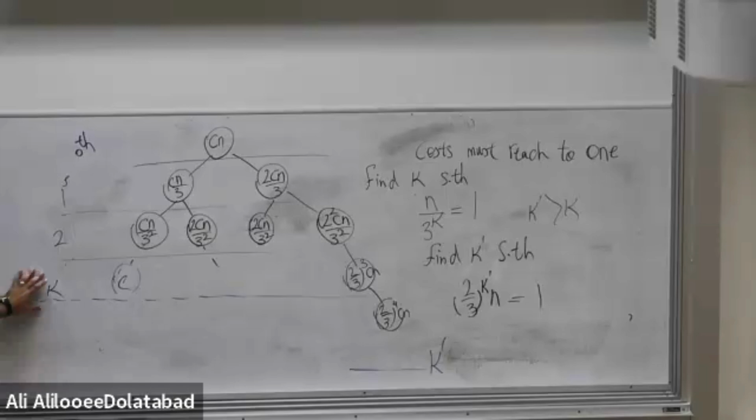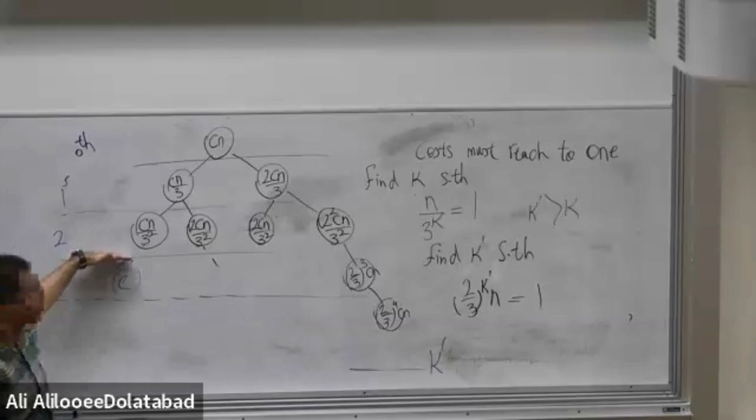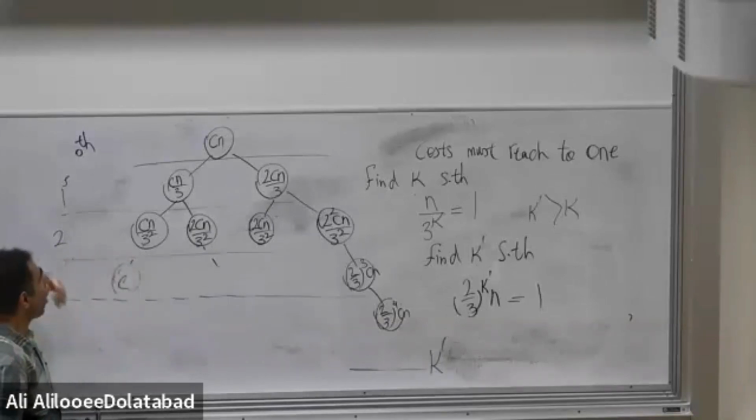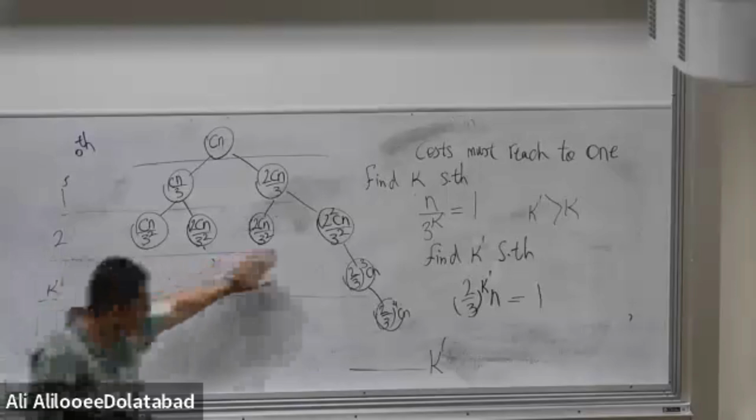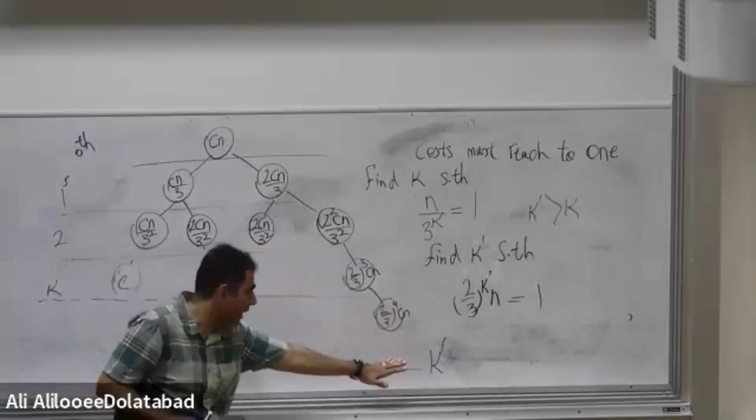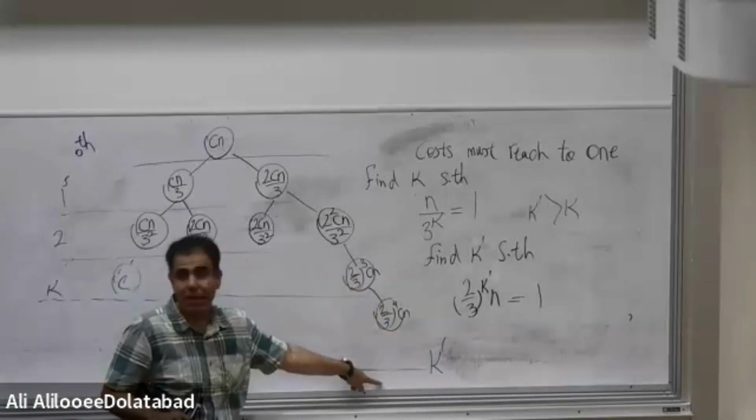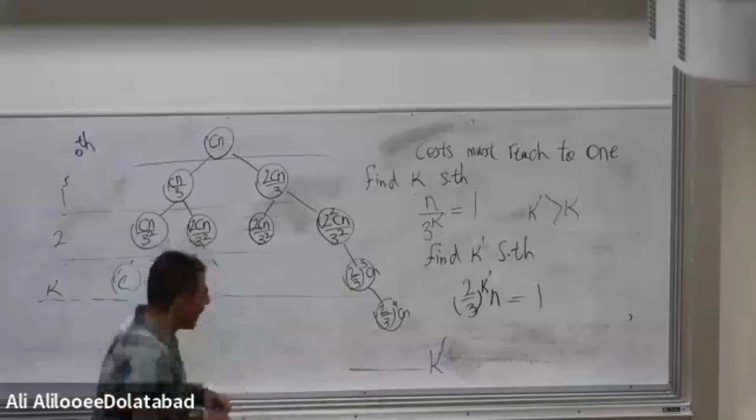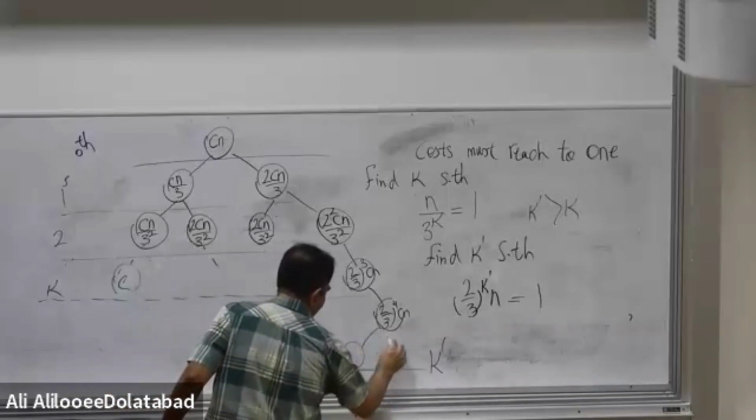It means when you reach level k, you have no more nodes after level k on the left side, but you have more nodes after level k until you reach level k prime. That's the reason that this tree is not balanced.